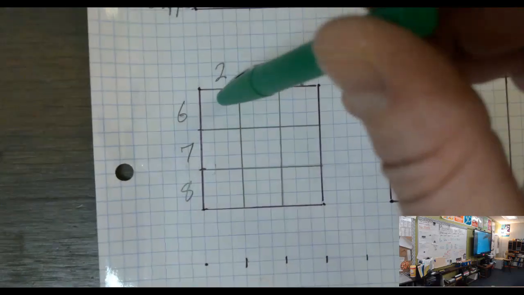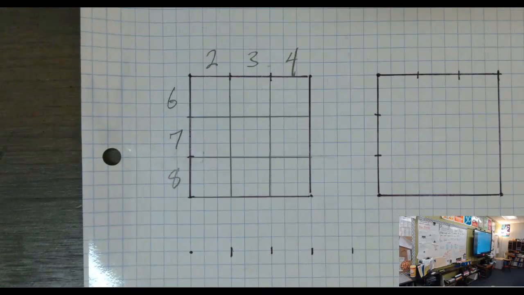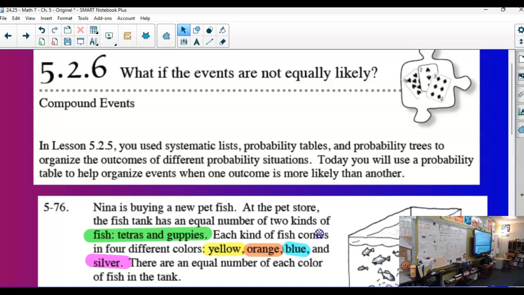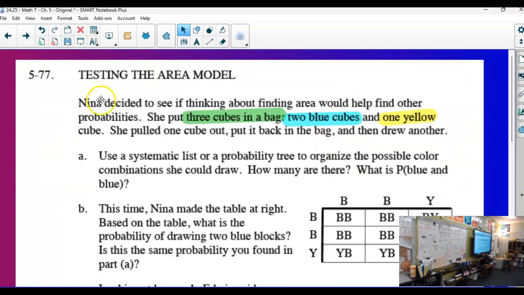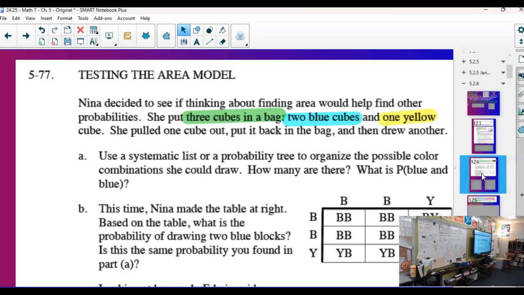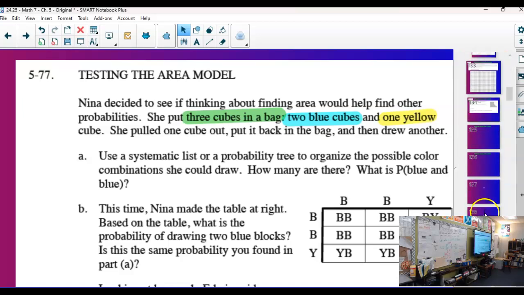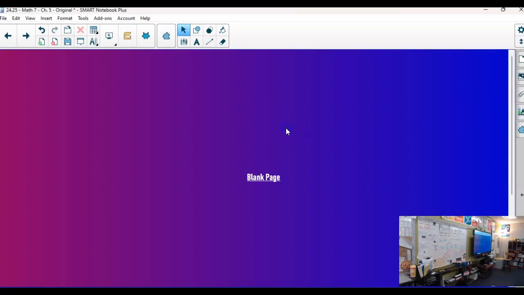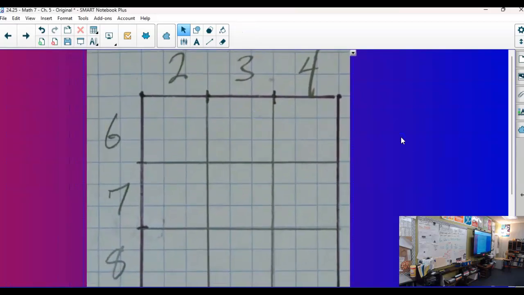So we got to add the numbers up to fill this in. If you need help filling it in, you can look up here, but you have a head start on me.